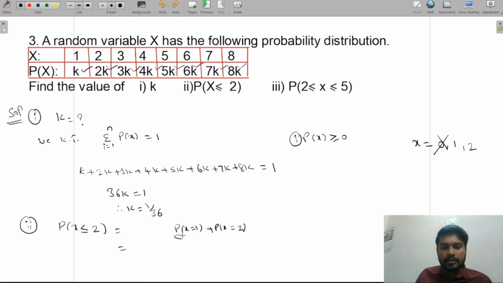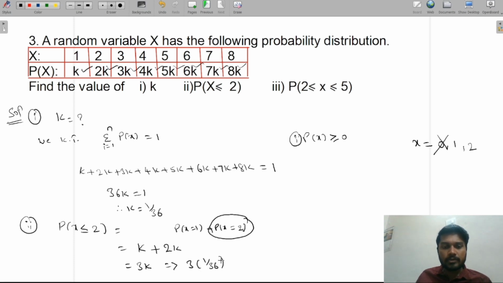So at x equal to 1, what is the probability I'm having in the table? k. Plus at x equal to 2, what is the probability I'm having? 2k. Then by adding this I'm getting 3k, which is 3 into the k value. I got 1 by 36.